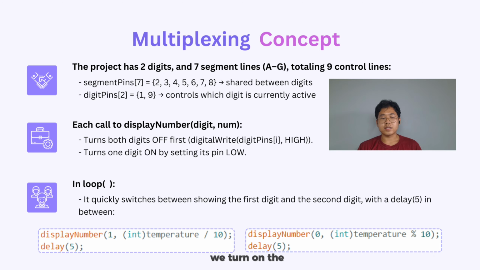We turn on the control digits one at a time, and then we quickly switch to turn on the other one. If the action is fast enough, which is a 5 millisecond delay, it will appear simultaneous.